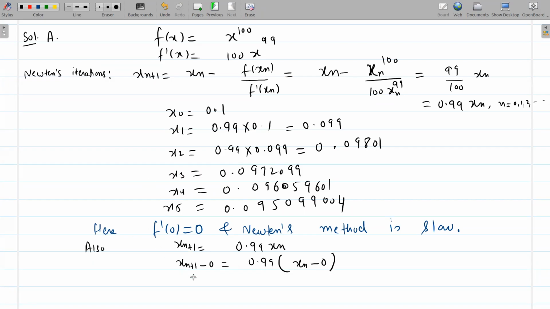And if you put a modulus on both sides, the left hand side is the error at step n plus 1, equal to 0.99 times the error at the previous step. Can you let me know what is the order of convergence here by definition?